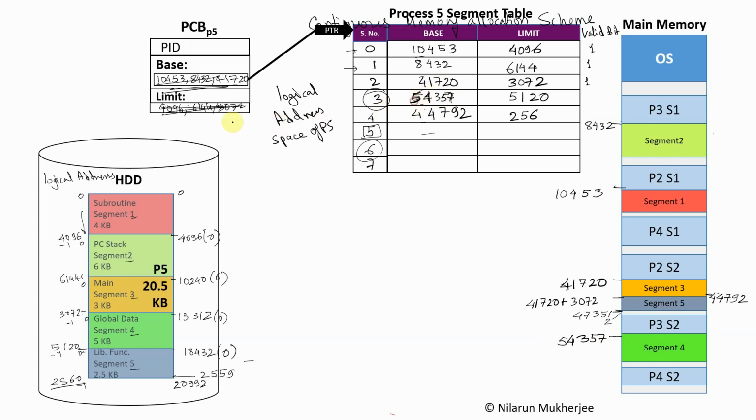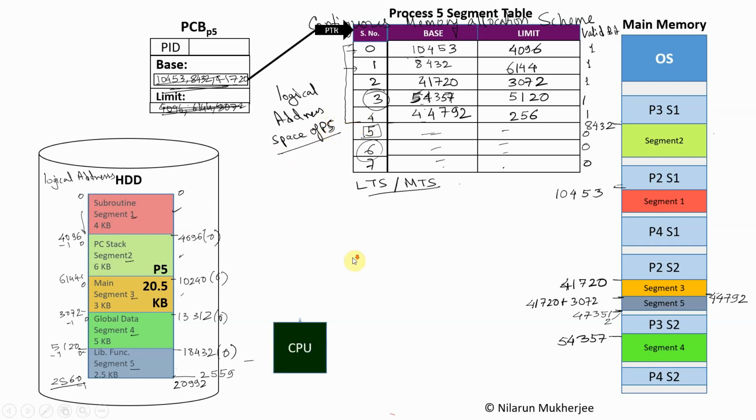So when the long term scheduler or mid term scheduler loads the segments of the process to memory, it updates the fields here, and the rest of the fields may have garbage value or null value, but as they are 0 they are not considered. And for these fields the valid bit is 1, so that means up to this they belong to the logical address space of P5.